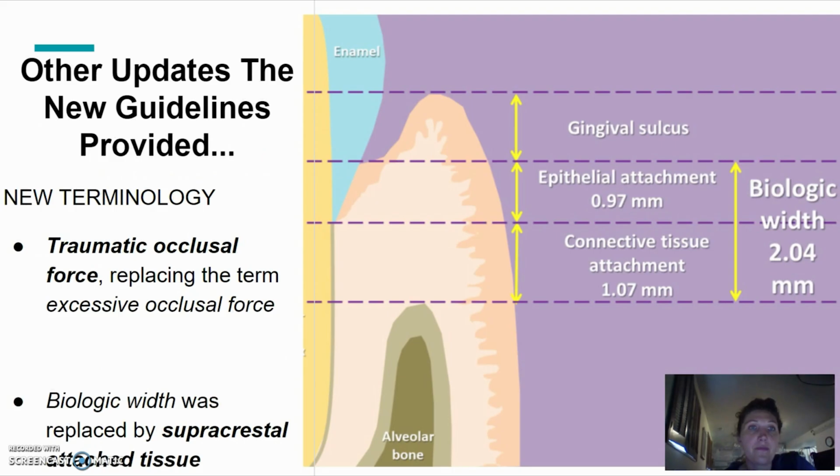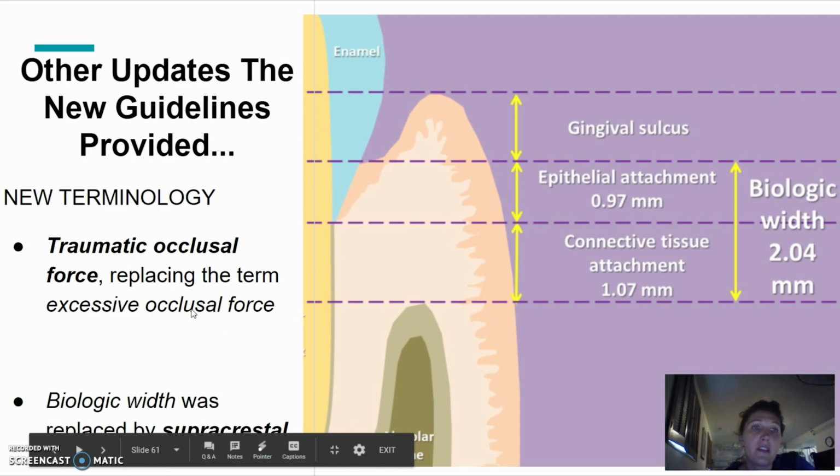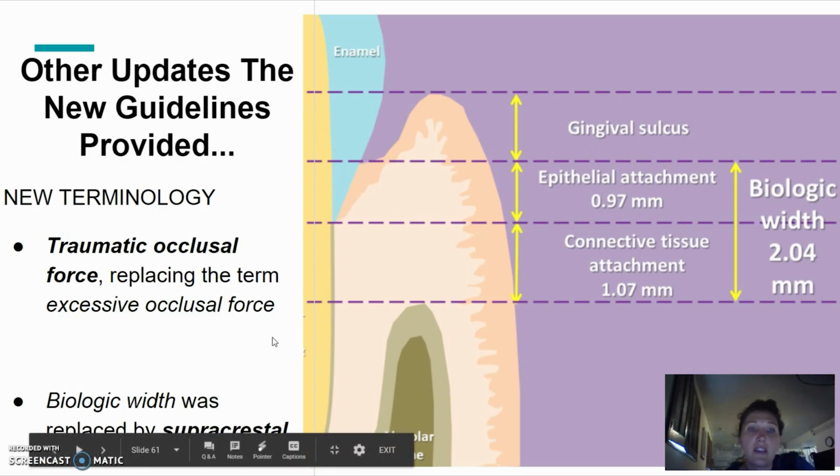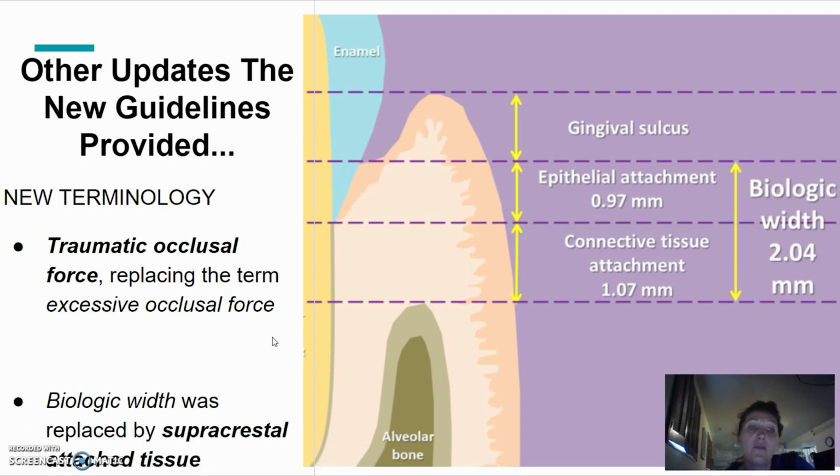Also, there's some new terminology. Instead of calling it occlusal force, it's called traumatic occlusal force. And this picture here is biological width, which has been replaced with supracrestal attached tissue. That's the new terminology. No more biological width. It's called supracrestal attached tissue.